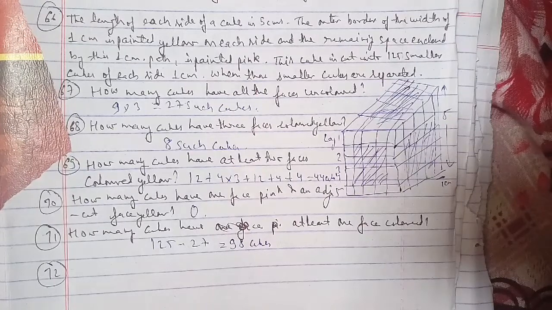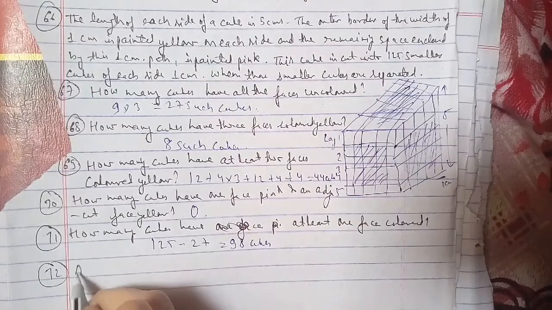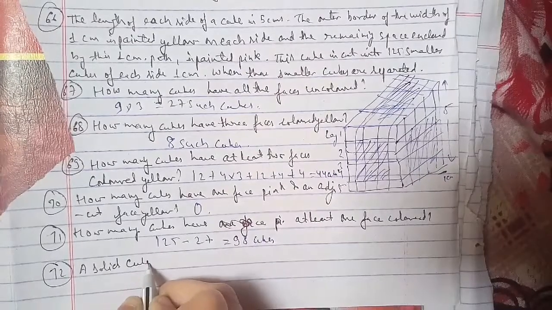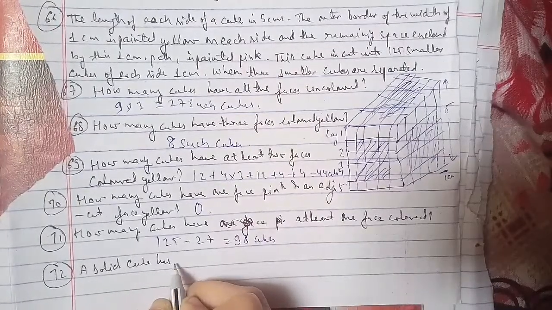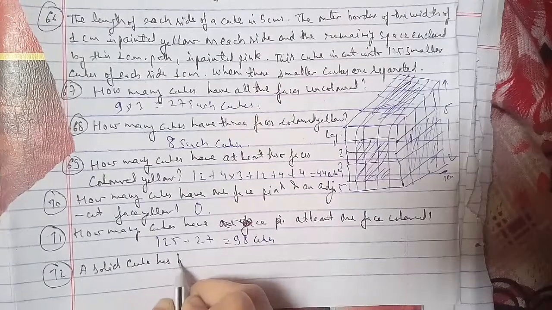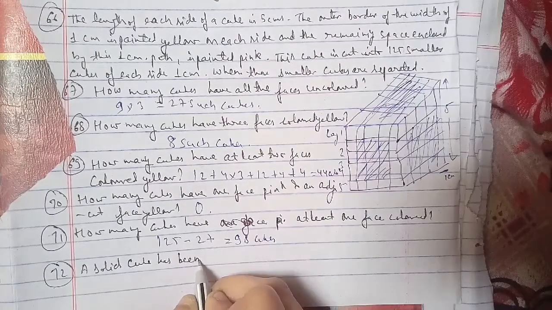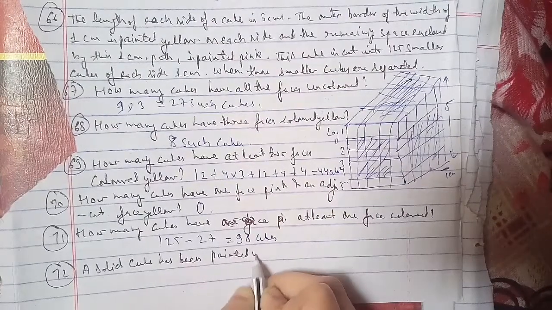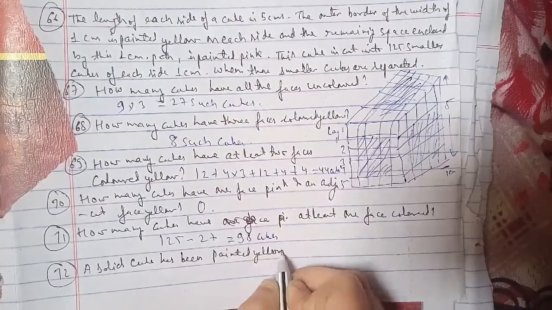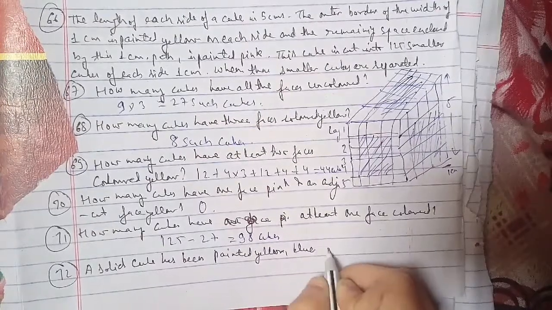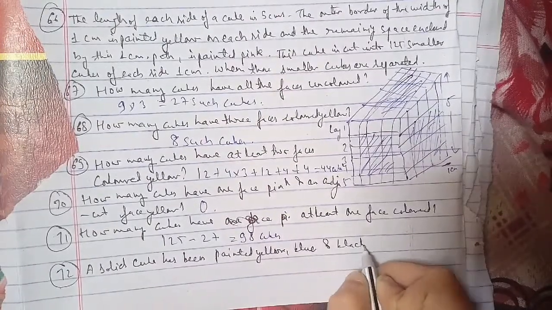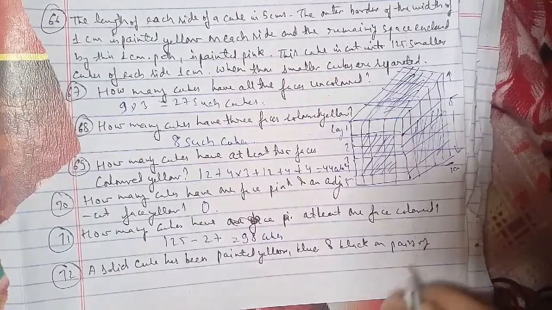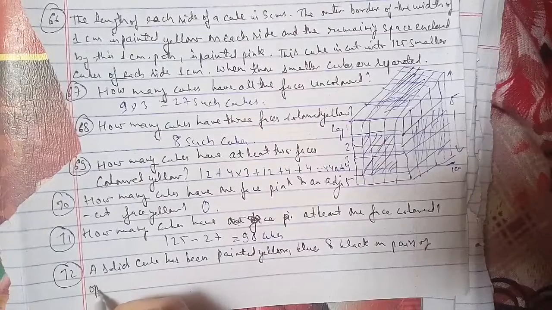So we go ahead. A solid cube has been painted yellow, blue and black on pairs of opposite faces.